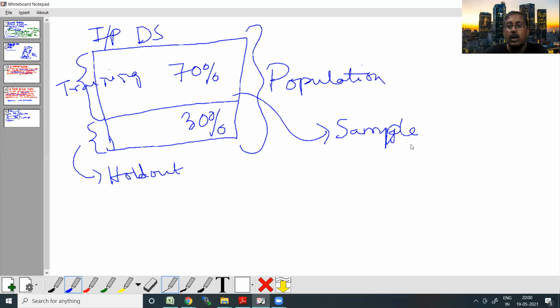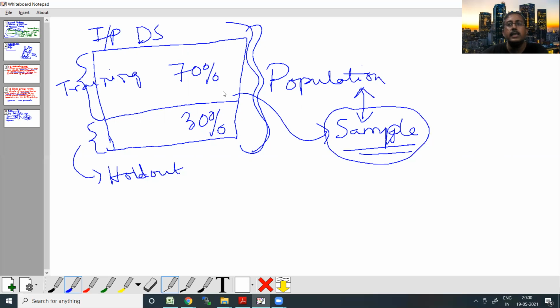When I draw this training data, I need to be very sure that there is no major change in the characteristics between the population, that is the whole set of data, and this sample, that is the training data. How do I do that? I follow the practices of sampling theory. I draw the units for this training data by doing simple random sampling, SRS.